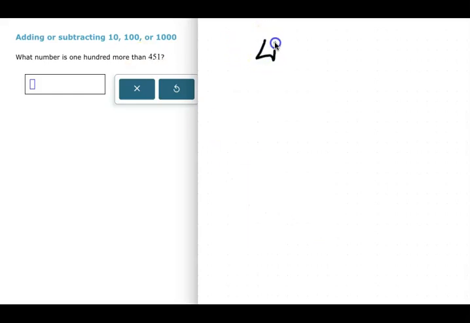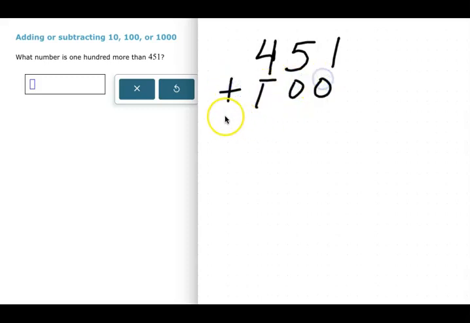Let's try another one. What number is 100 more than 451? So again, this is your hundreds position, and we want to increase the 100 position by 100. I'm going to do it again by adding, just so you can see what we're going to do. This is a 1, this is a 5.